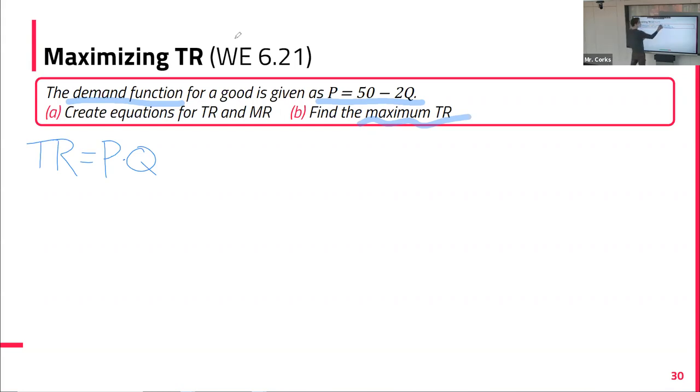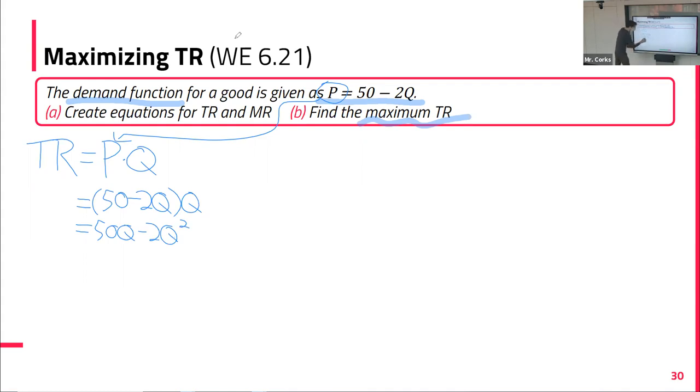We just substitute that in for P here. So 50 minus 2Q times Q, so 50Q minus 2Q squared.